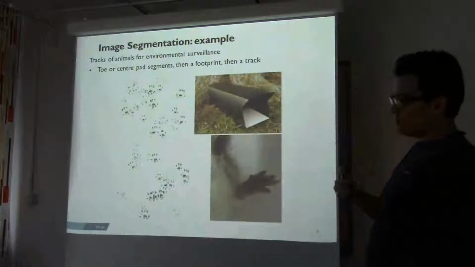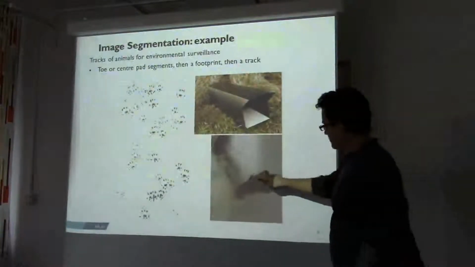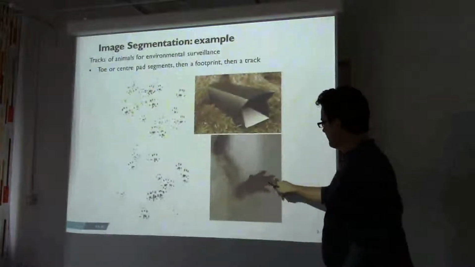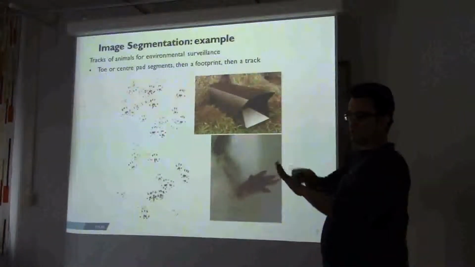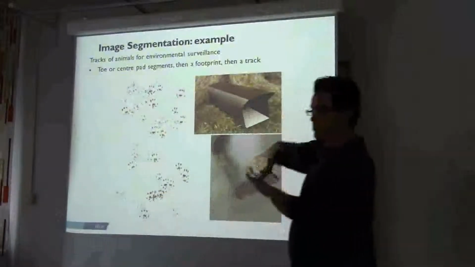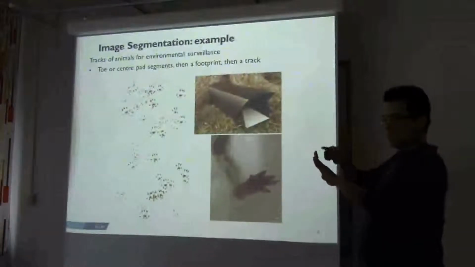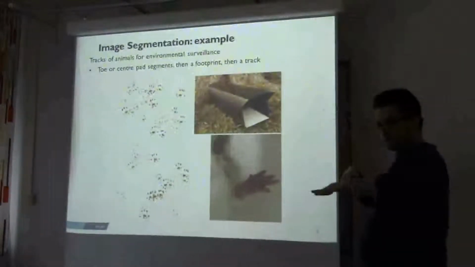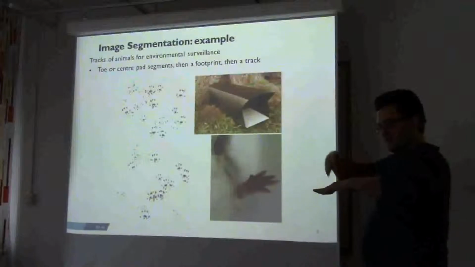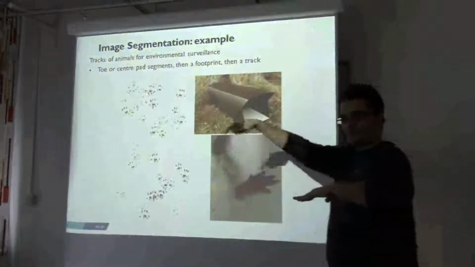But first you segment the small marks, and when you have five, you know the spatial distribution. So you get different points, then you need to build the model of the toe, because you know that they go together following a specific pattern. And then you have different impressions that you can use to track.